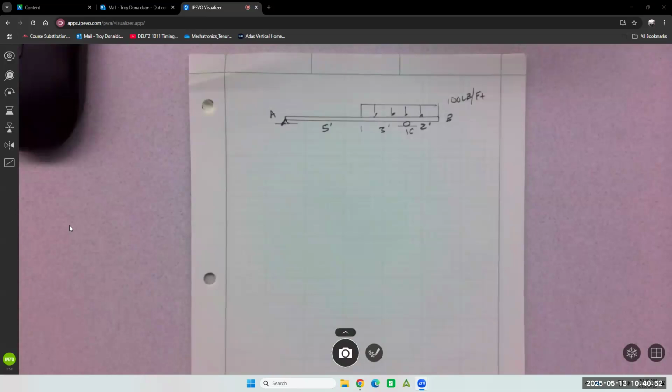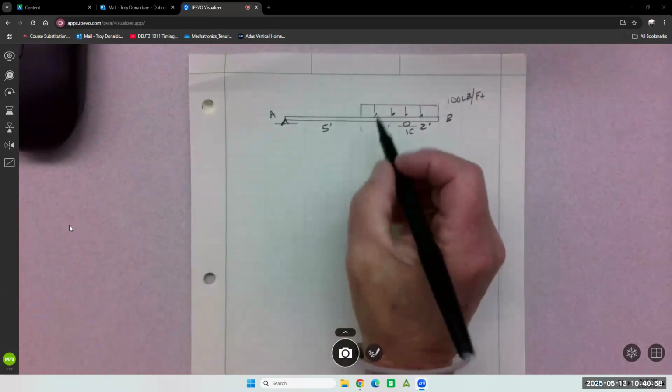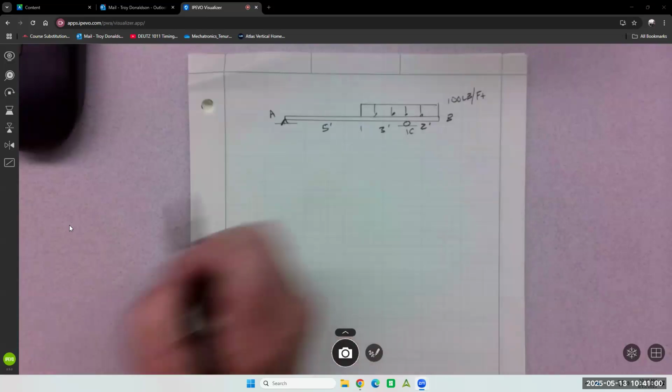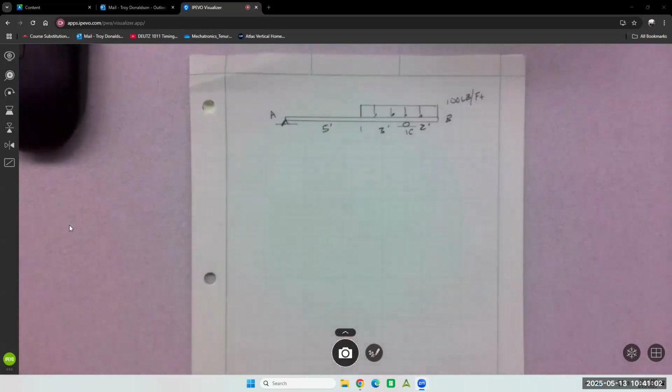The first part is statics. The second part is trying to understand what the beam is feeling at certain spots, because that will work us towards bending stress. And that's really what we want to get to with beams, is understanding bending stress and shear stress.